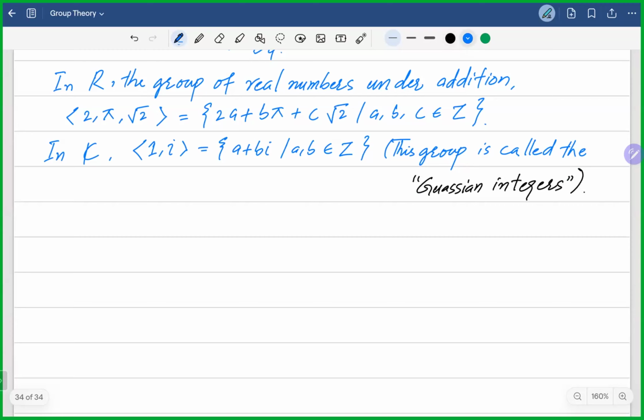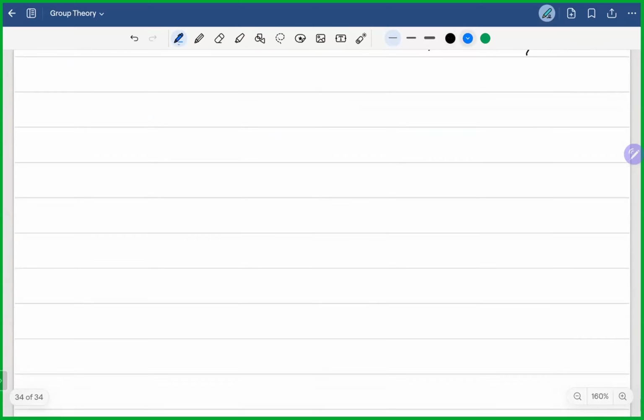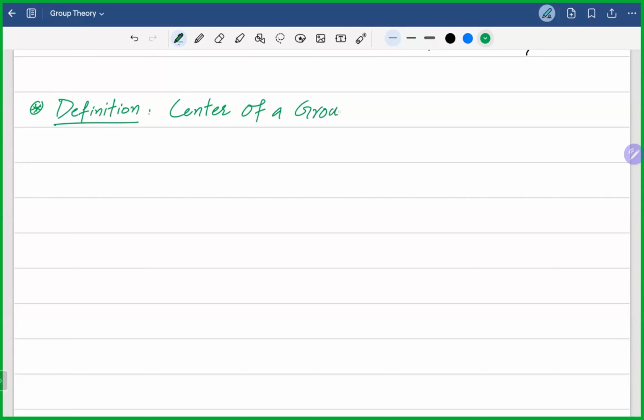Now we next consider one of the most important subgroups, and we define it as a definition. We call it the center of a group.